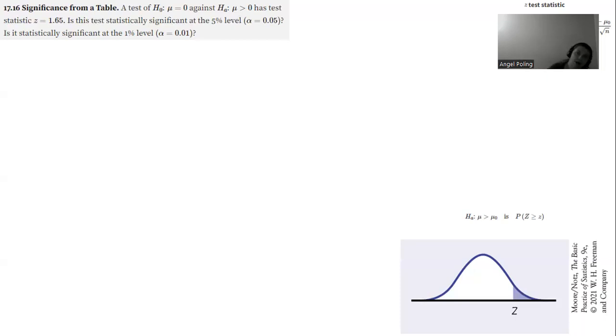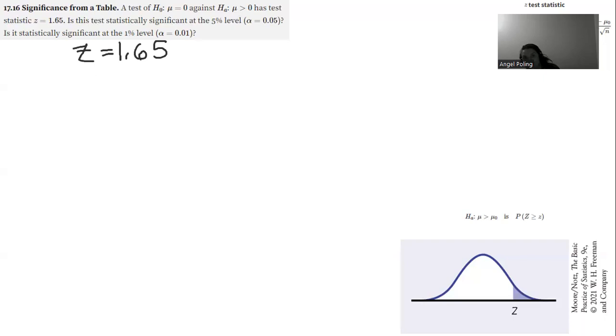Okay, so we are looking at a p-value here. We're actually looking at the z-score itself. So one way, well, the p-value is the probability that you see a z-score more extreme than the z-score that you have.